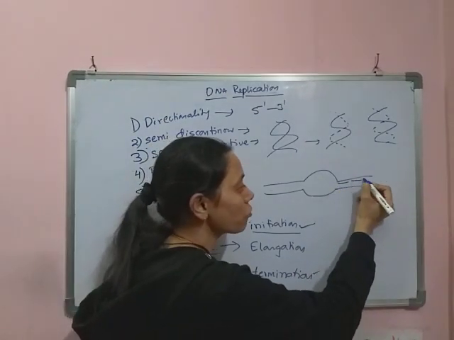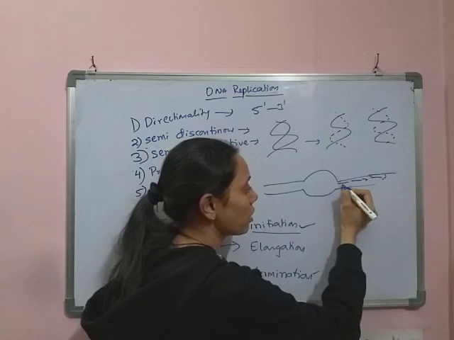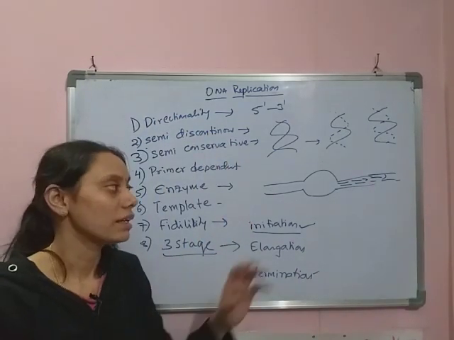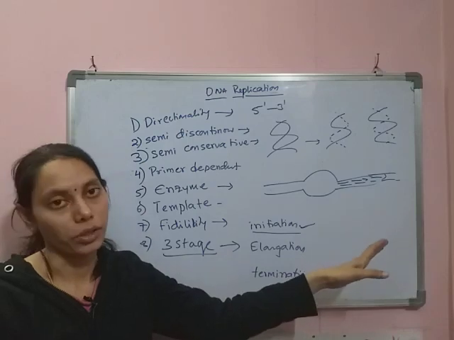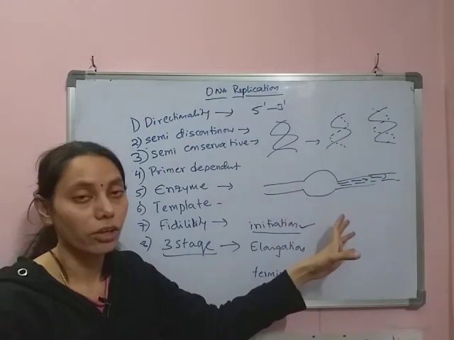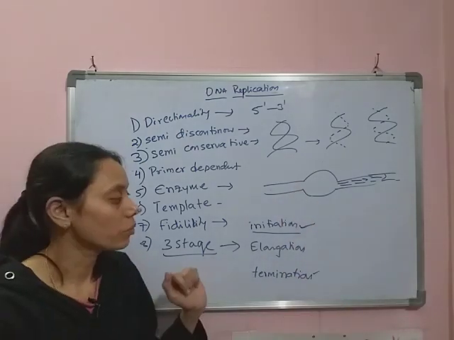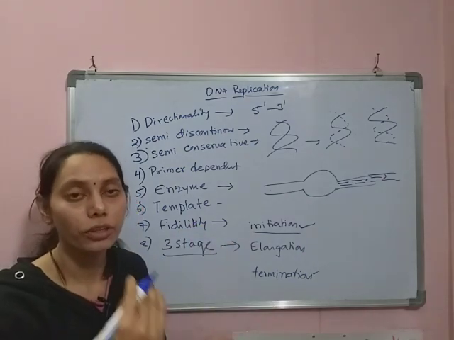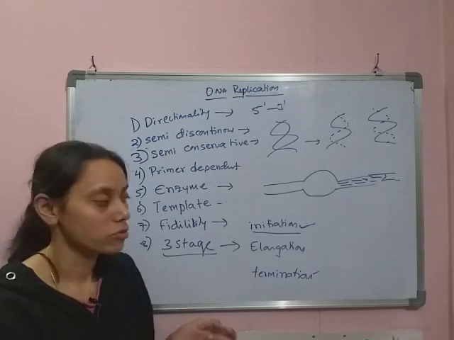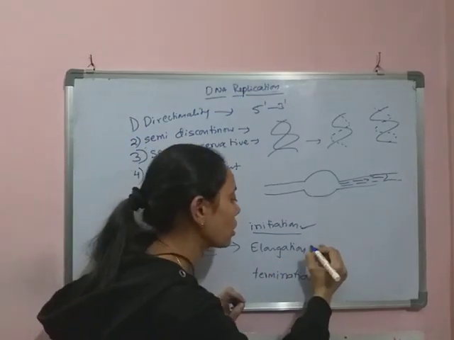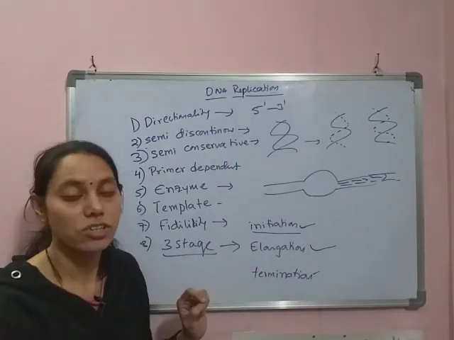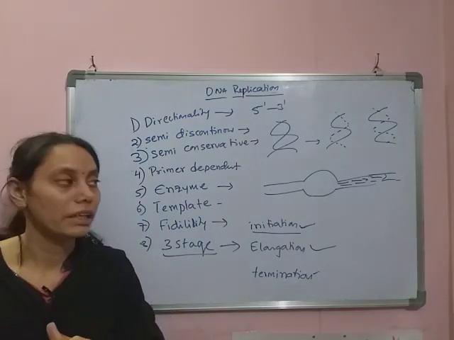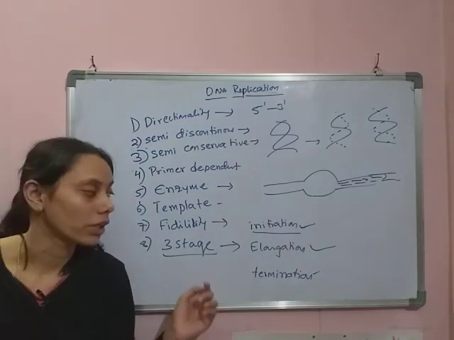So addition of nucleotides must be continued until they reach some termination point, until the whole DNA got replicated. Until the whole DNA got replicated, the addition of nucleotides must be continuous. So that is what the elongation process is. The extension of the DNA synthesis is called elongation.